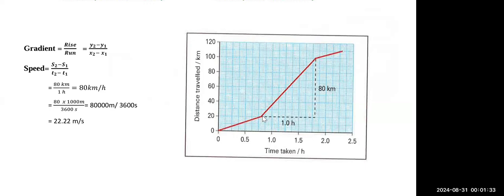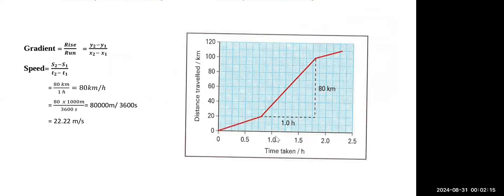It is 80 kilometer, and time is 1 hour. The question gives you the data. This is the rise, this is the run. It means you have to find the speed of the train during this line. So we apply the formula.